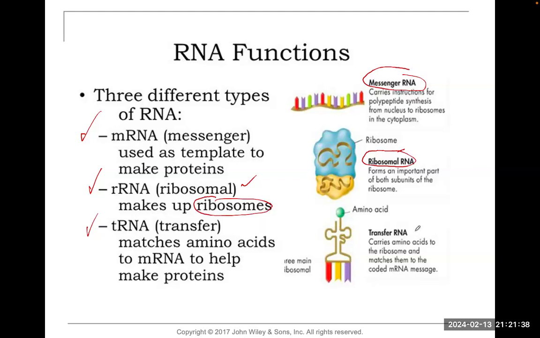And then you've got transfer RNA that carries the amino acids to the ribosome and matches them to code the mRNA message, right? The transfer RNA matches the amino acid to the messenger RNA to help make proteins. It's kind of like the interpreter between the nucleic acid language and the amino acid language, right? It's translating that language.